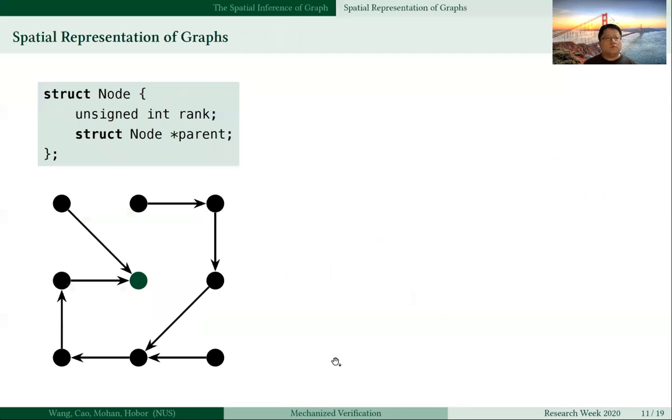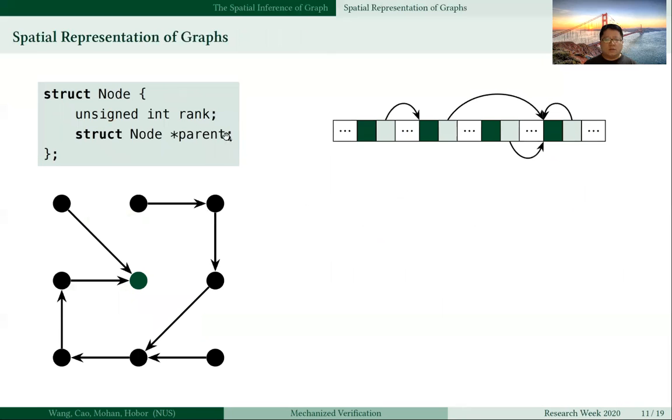Now let's go to the spatial representation of graphs. As we can see, a graph is represented by a set of nodes. And the node in memory is just a two-field struct pointing to each other. The second field is a pointer.